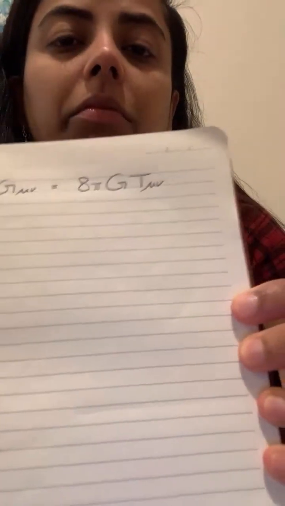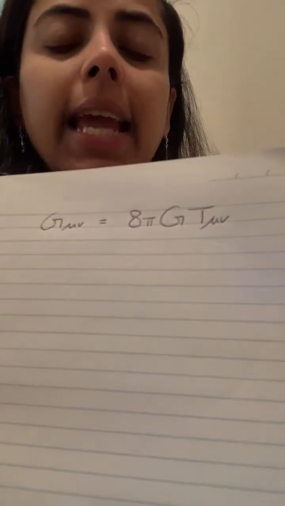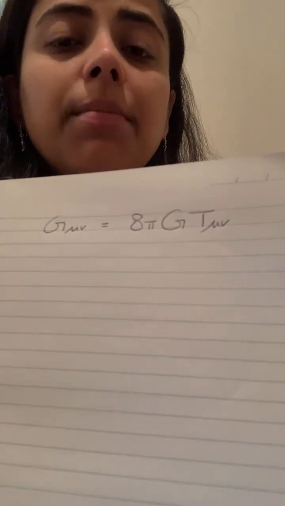Basically, Einstein's tensor is simply 8 pi G times T mu nu, where T mu nu is going to be a very important tensor because that's going to be our energy momentum tensor that we haven't really talked about yet. We just know its time component is rho. But that's where we will probably meet the energy density of the universe and things like that.